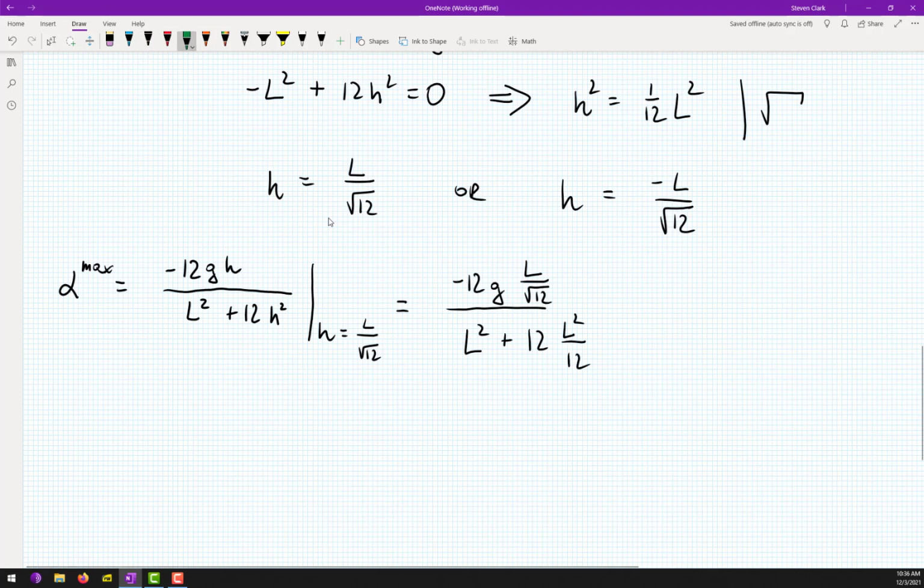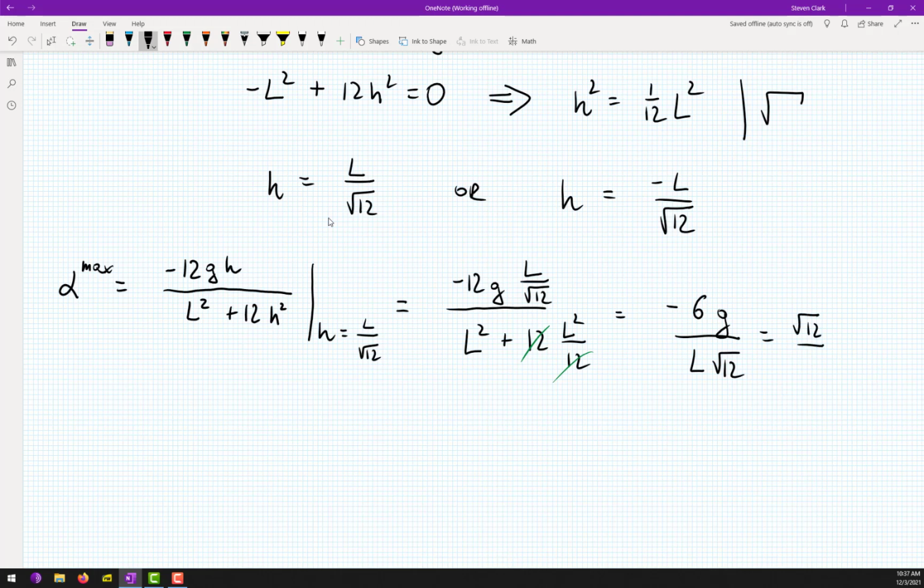Great. Oh, I didn't know that even. Bang bang. So in here we will have minus 6g L square root of 12. I believe so.